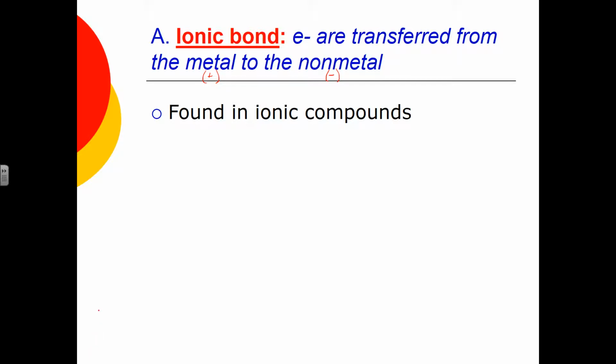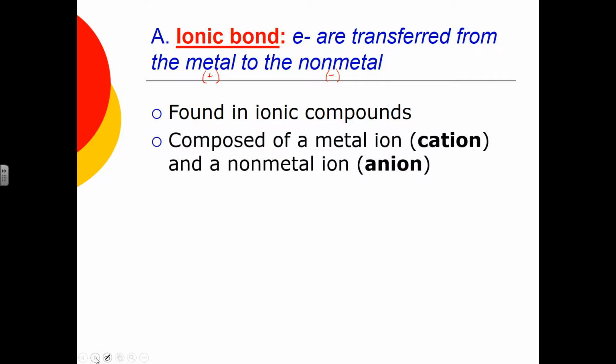Now, ionic bonds are found in ionic compounds. Ionic compounds are composed of a metal ion, which is known as a cation, and a nonmetal ion, which is known as an anion.